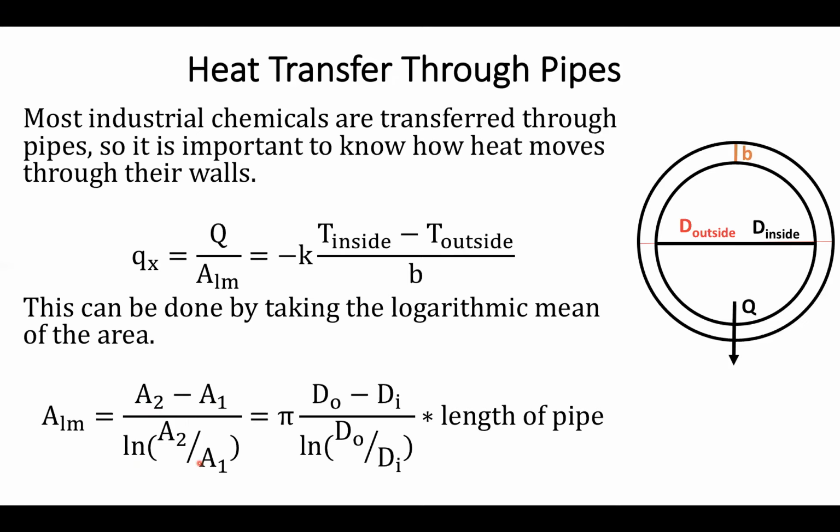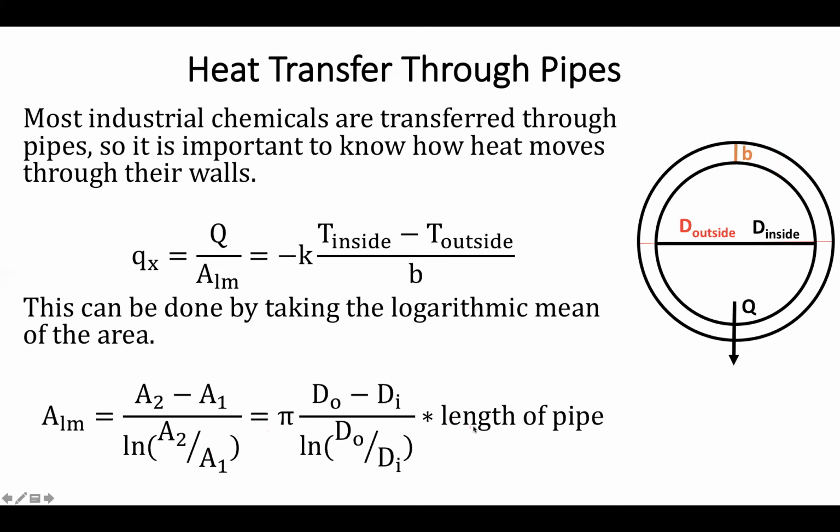So it turns out we can make use of some basic geometric properties, based on the fact that the area is going to be the same as 2 pi r, the radius, or the same thing as pi, the diameter of the circle, times the length. Well, the inside and the outside are going to share the same length, and they're going to share pi.